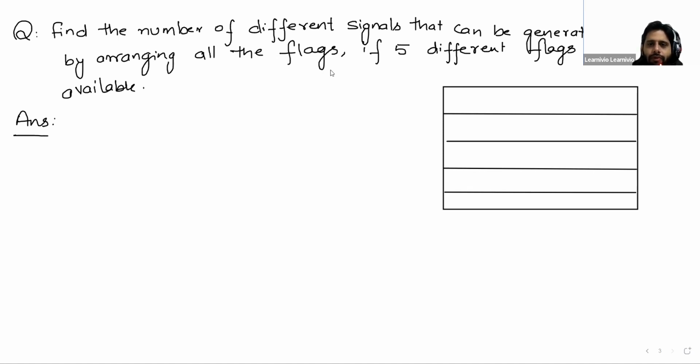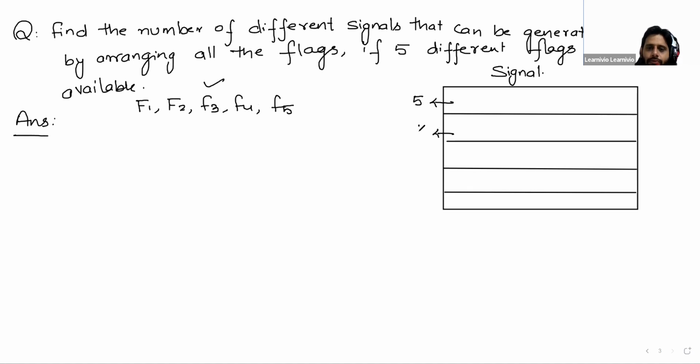So, in this question, we need to form signals, and 5 different flags are applicable. Suppose these are our flags: F1, F2, F3, F4, and F5. Okay, and this is the signal. Now, in the first case over here, we have 5 choices. Any of the flags can be used over here. Suppose we have used this. Now we have 4 choices. Suppose we have used this. We have 3. And suppose this one, we have 2.